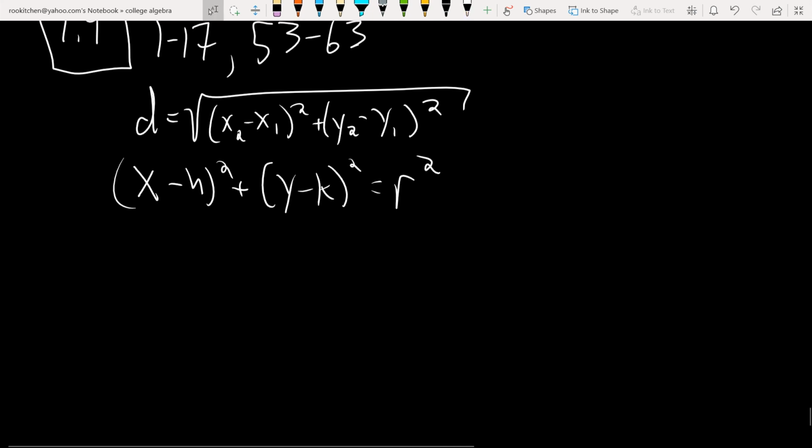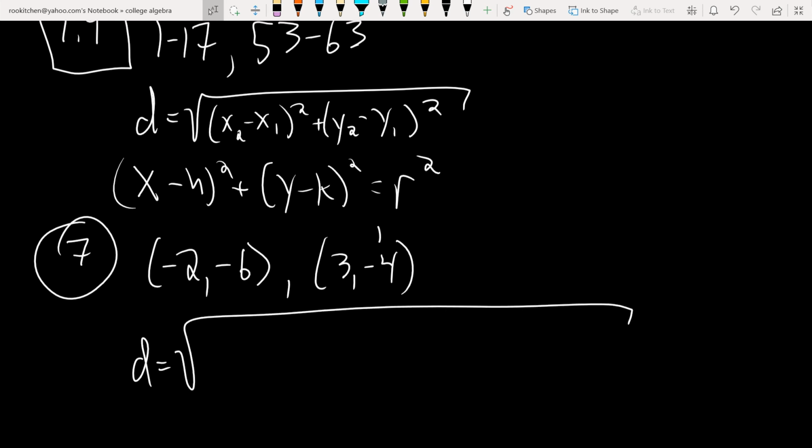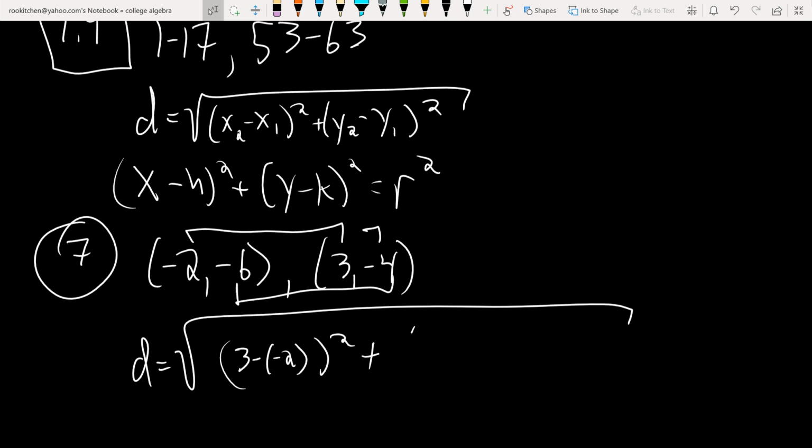Okay, so let's look at some of these. So number 7. You need to find the distance between the 2 points given. Okay. So the distance will be the square root of x2 minus x1, so 3 minus negative 2 squared. Then plus negative 4 minus negative 6 squared.